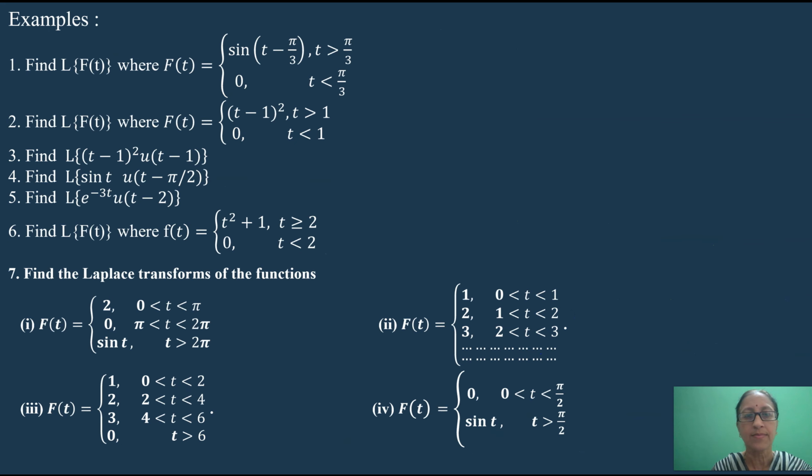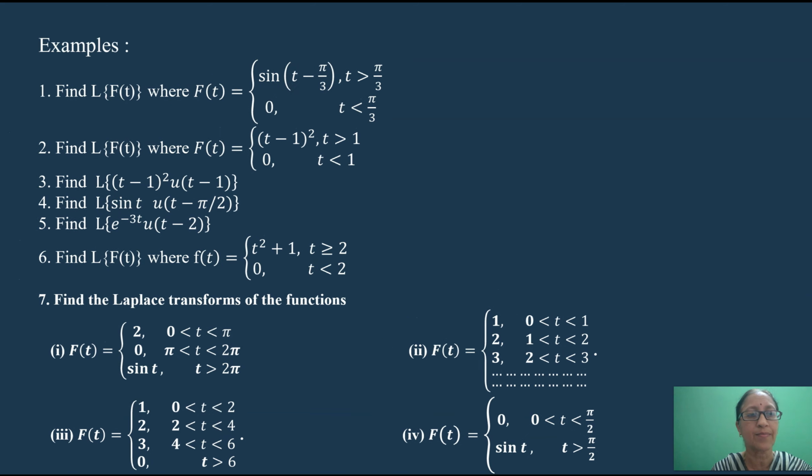Now let us discuss some examples. Among these examples, we discussed 4 examples in our previous lecture. Now let us see the fifth example.